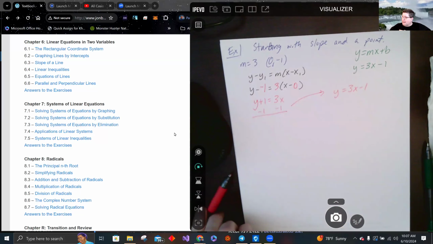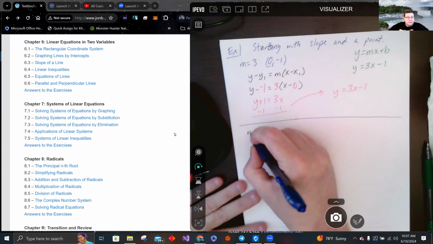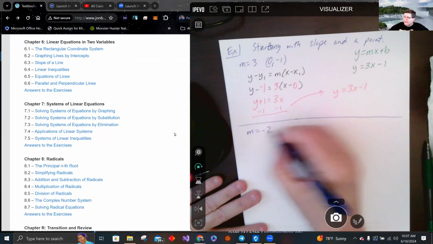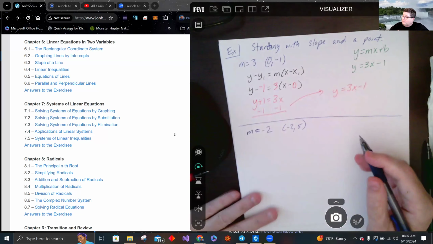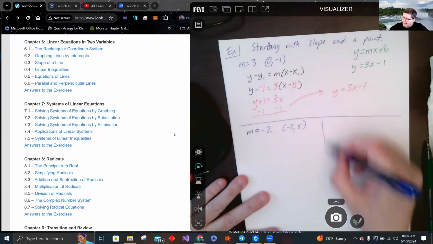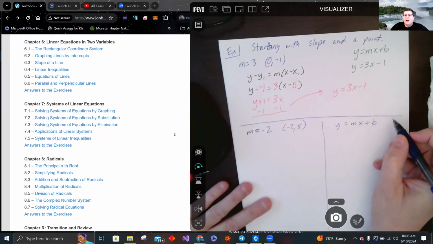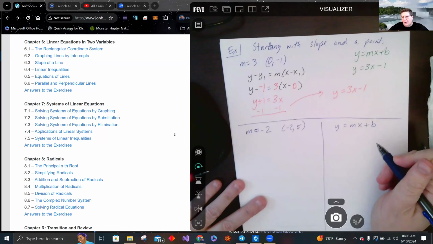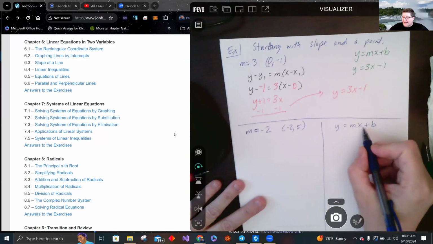Then let's do one that's not the y-intercept. And I'll show you both methods there. M equals -2, and we have the point (-2, 5). So doing the slope intercept method here works. It's just a pain. Because we don't have the y-intercept, we have to find it. We do have a y, we have an m, and we have an x.